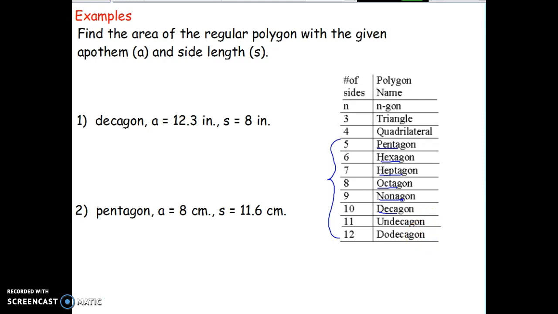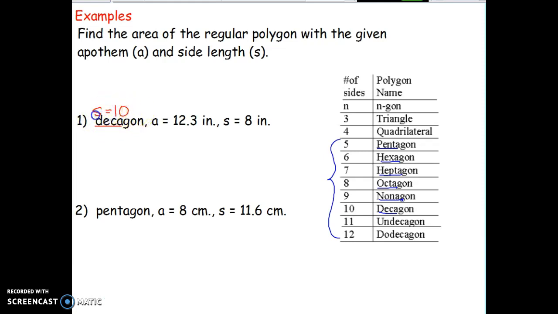So here in these 2 examples, all we're going to do is figure out what the area of a decagon is with the apothem 12.3 and the side 8 inches. If you think about decade, a decade has 10 years, so a decagon has 10 sides.